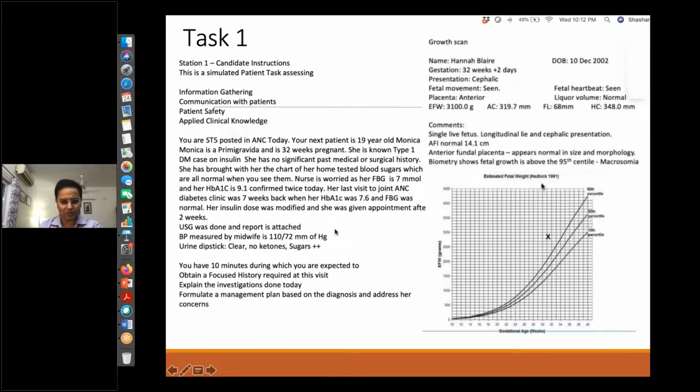But okay, doctor, I want to tell you about the report, but it belongs to somebody else. The name is different. It has been written as Hannah Blair, but this is not your report. Yeah, doctor, the midwife told me that it was a mistake that it got printed. She asked me to tell you that this is by mistake.